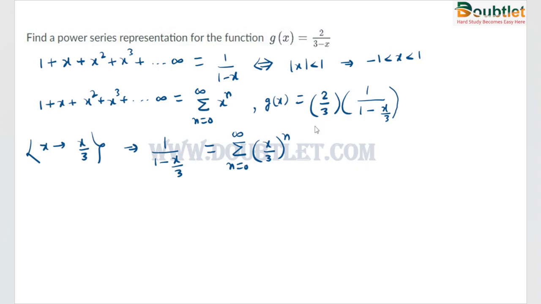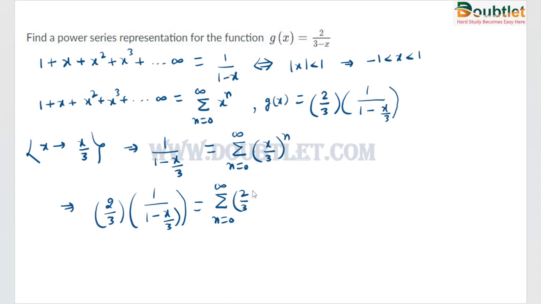Now if we multiply both sides by 2 divided by 3, we get 2 divided by 3 times 1 divided by (1 minus x divided by 3). So we multiply this summation by 2 by 3, and the term is (x divided by 3) to the power n.